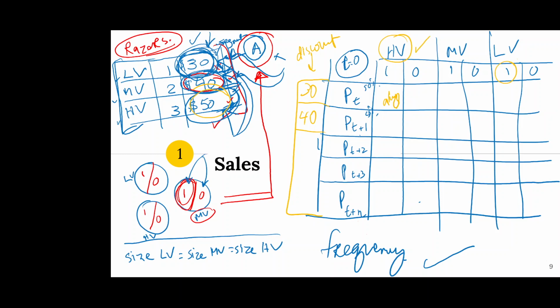These high valuation people will always buy. Even if it's 50, they will buy. These guys, only if it is equal to or less than 40, they will buy. These guys, if the price is less than or equal to 30, it cannot be less than 30.